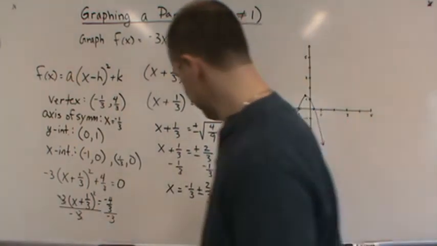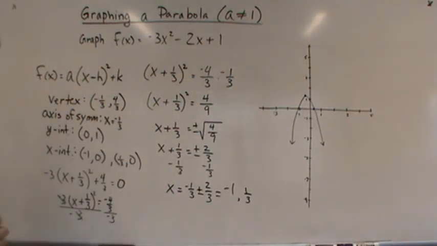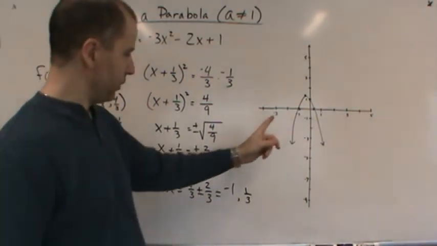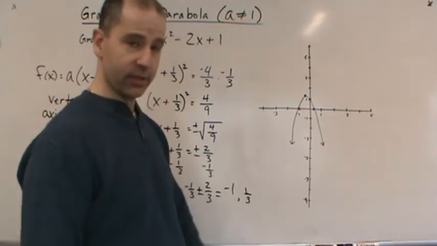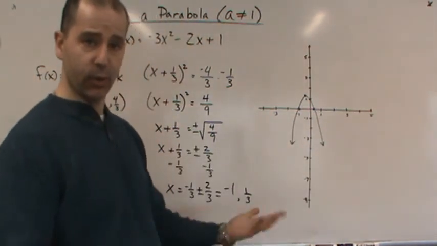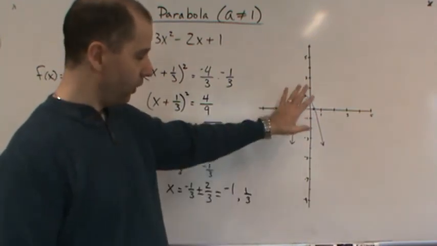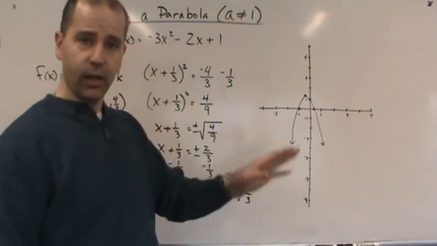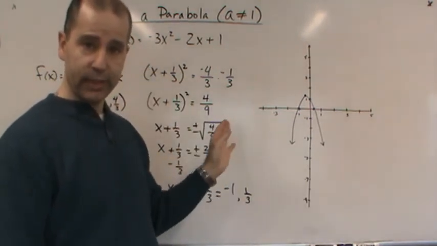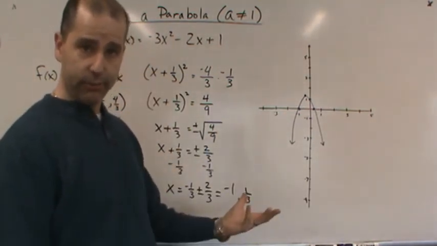And there's the graph. Okay? So all we needed was the two x-intercepts, the y-intercept, and the vertex, and we have enough points to graph what this looks like, because we know it's going to be a parabola. If we graph the intercepts and we know where the vertex is located, then we can use the axis of symmetry if we needed some additional points to graph it.